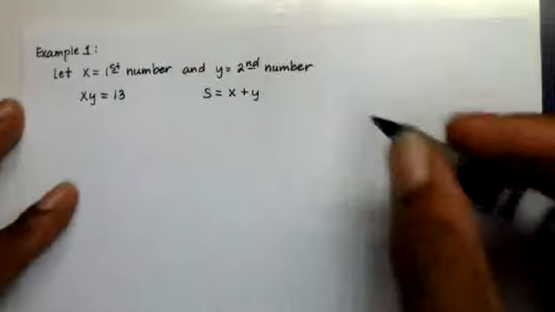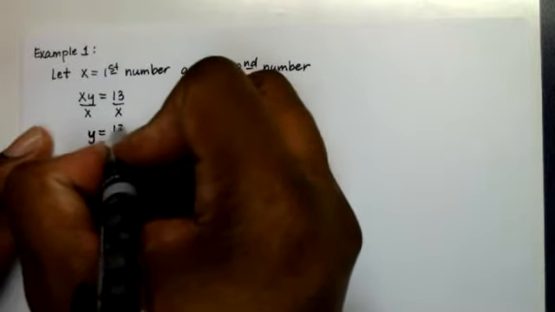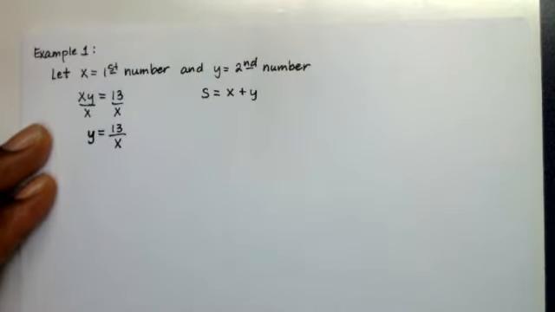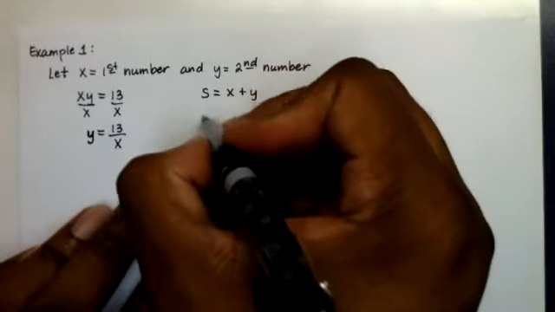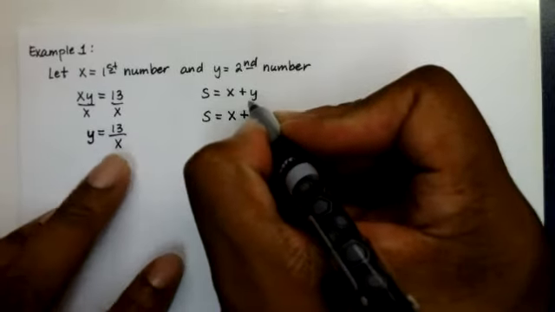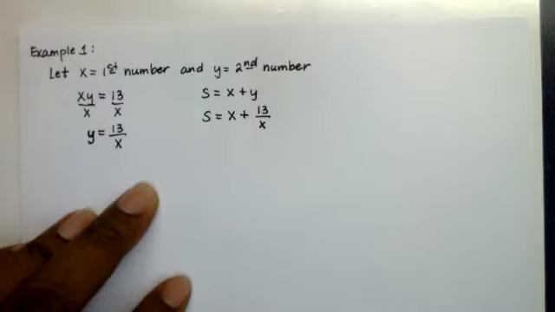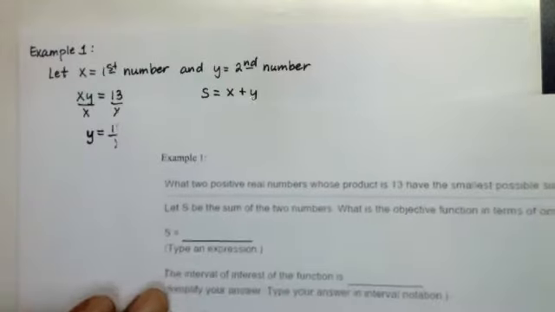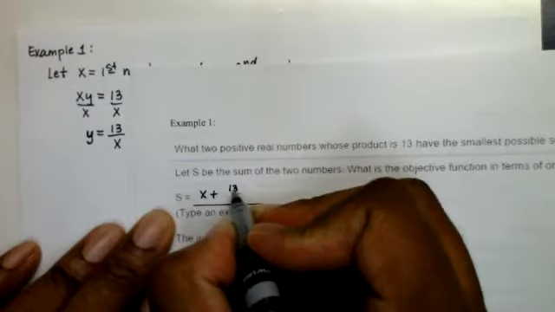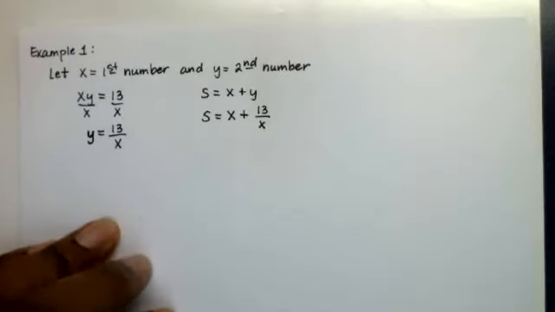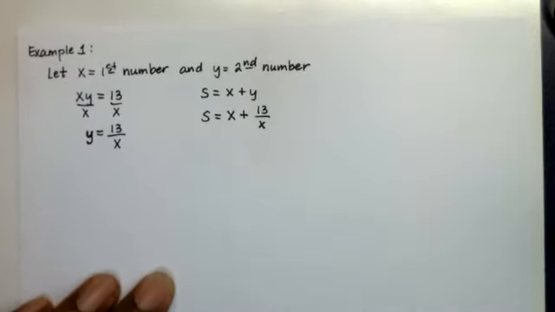If I solve for Y, I'll need to divide both sides by X. So Y is equal to 13 over X. And then next, I'm going to substitute this Y in the S formula with 13 over X. So S is equal to X plus 13 over X. Now this represents the objective function in terms of X. So my S will be equal to X plus 13 over X. And now let's find the interval of interest of this function.